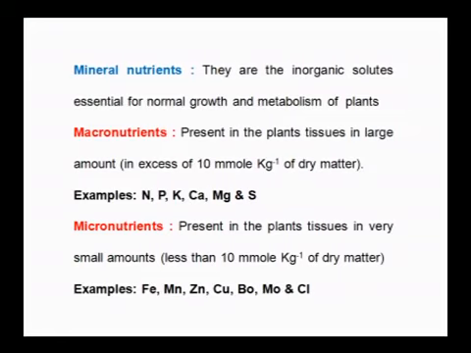Micronutrients are present in the tissue in small amount, that is, less than 10 millimole per kg of dry matter. Examples for macronutrients: nitrogen, phosphorus, potash, calcium, magnesium and sulfur. Micronutrients: iron, manganese, zinc, copper, boron, molybdenum and chlorine.